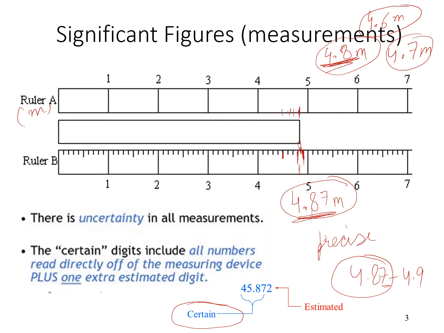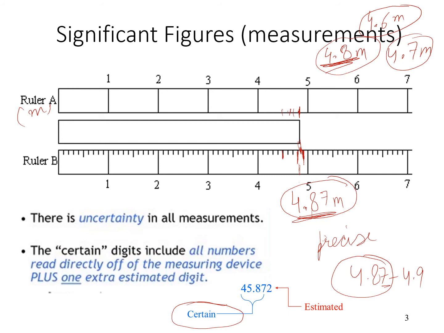Okay, you cannot just make up any number of decimal places. You cannot simply say, oh wow, this stick, based on the bottom ruler, I would say it's 4.8764. You cannot make that measurement up. This is science. You cannot just make things up. So why am I saying this is 4.87?